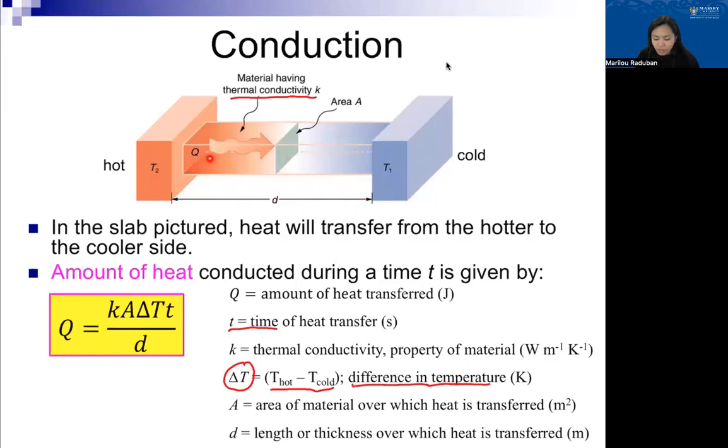So the farther the heat needs to propagate or travel through, the smaller the amount of heat is transferred, right? And so you have this inverse relationship between the distance d, the length or thickness over which heat is transferred, and the amount of heat transferred, right?